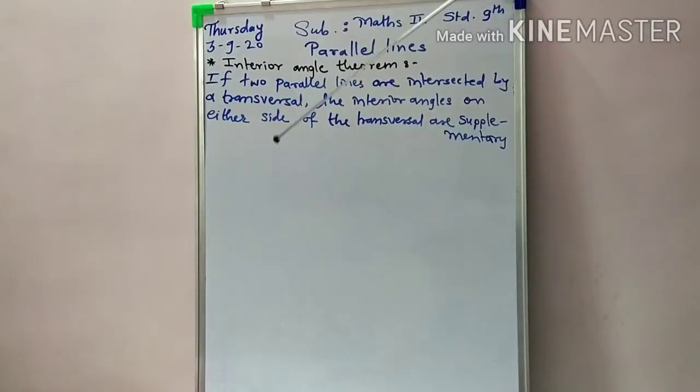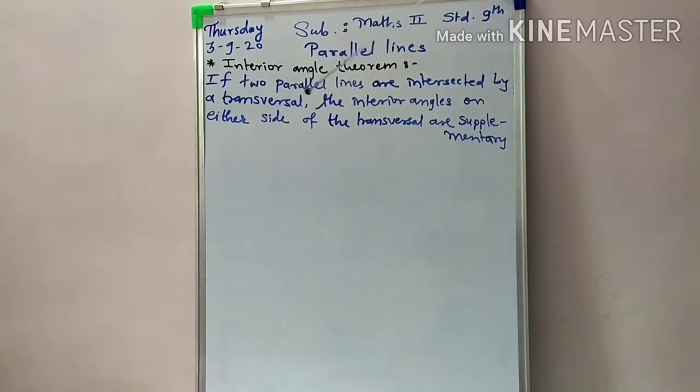Now here we have to prove the first property, which is known as the interior angle theorem. The statement is given as: if two parallel lines are intersected by a transversal, then the interior angles on either side of the transversal are supplementary. So what is the given part?